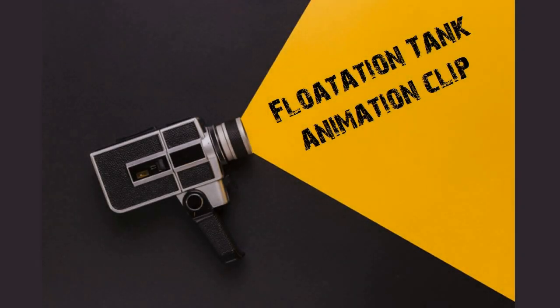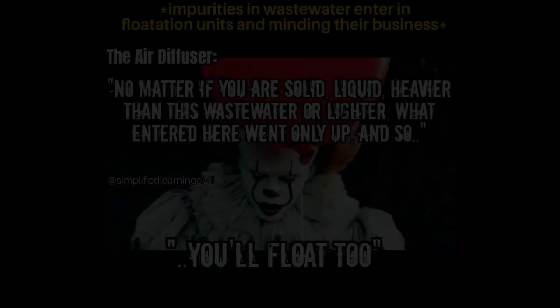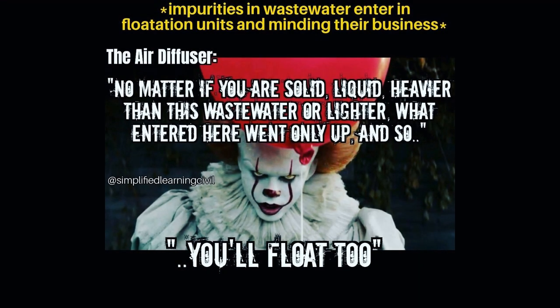Yes, please roll in the clip. So, using the simple concept of buoyancy of air bubbles, lighter or heavier, solid or liquid, any particle can be made to float for its easy removal.